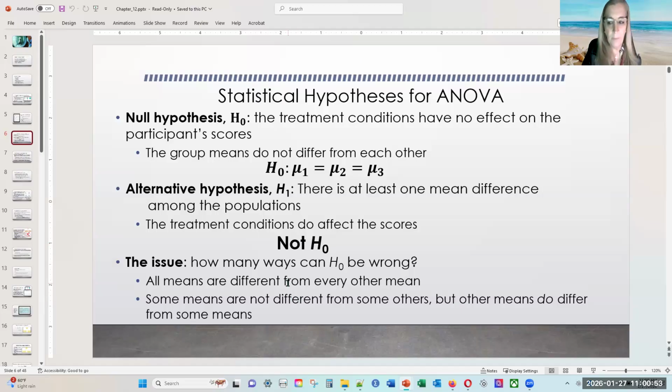And so the issue is, once you've conducted an ANOVA test and say it's significant, it says that it's not H0, then comes the question of, well, which mean is different from the other, right? And there are tests that you perform to find out which ones are different from others, all right?